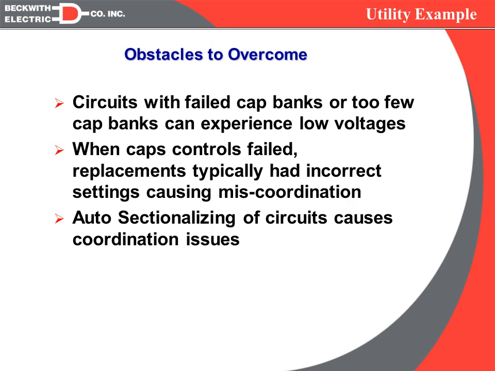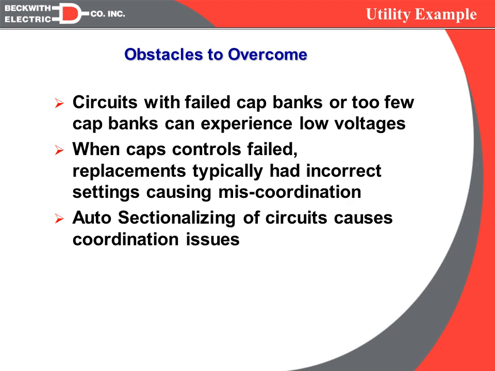The final obstacle that they had to overcome was what to do with auto-sectionalizing. One of their new smart grid drivers was to do much more with reclosers and switches, and being able to dynamically switch load either for taking equipment out for periodic maintenance or after faults.